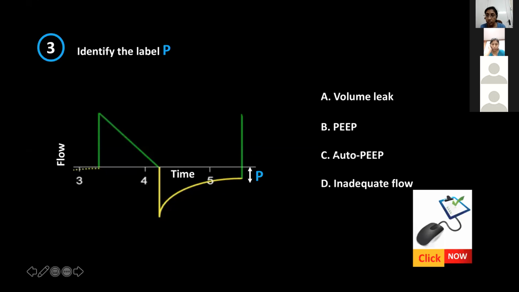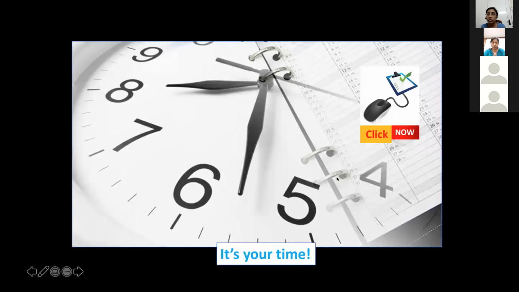Or most of the modern machines will give you the value straight away. Total PEEP and the difference between total PEEP measured and the applied PEEP gives you the intrinsic PEEP. Okay, so this is especially important when you have situations like expiratory flow limitation and some other conditions as well.